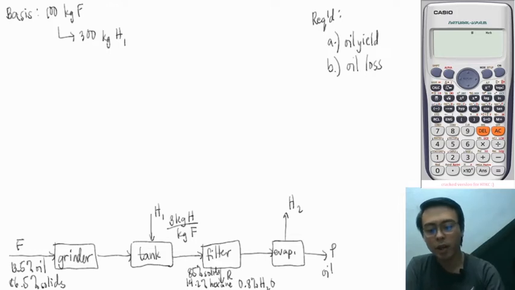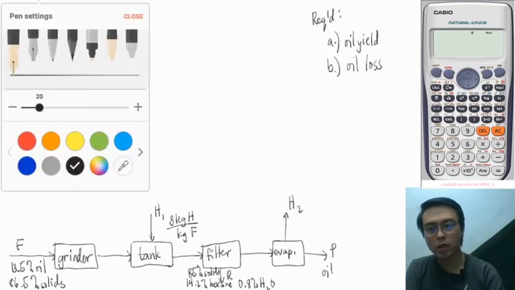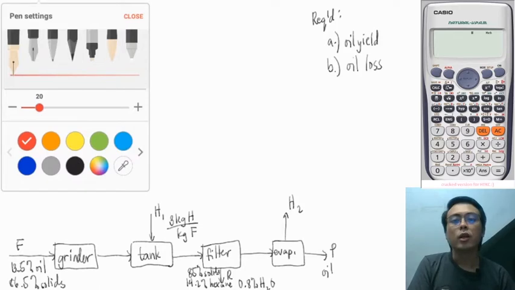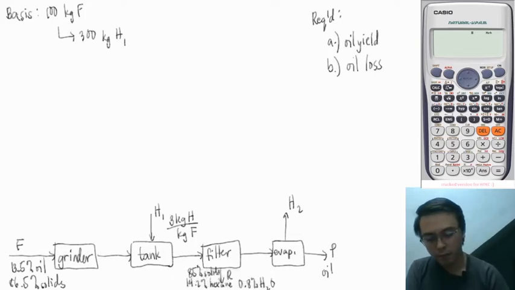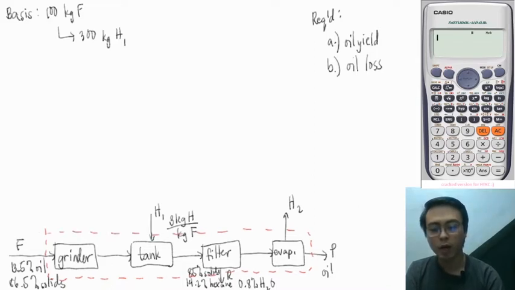Next, as we have done before, let's choose our system boundary. Our first system boundary here would be the entire system. I think it would be beneficial if we select the entire system, because all of the given are going out or going in of the said system. So we have our overall boundary.